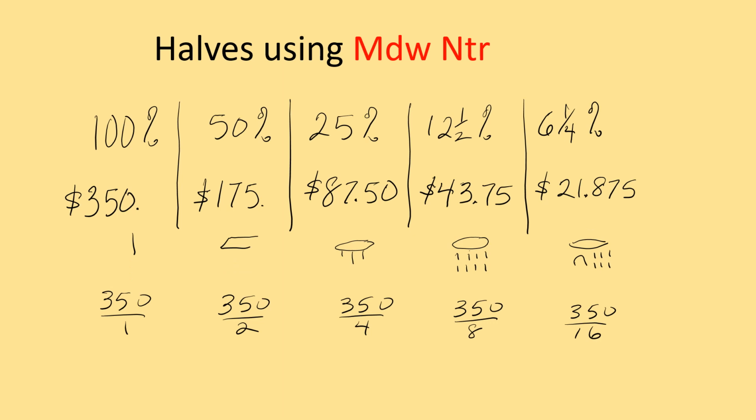So I can also represent this as the whole number being divided by one of the doubles, or in this case, 350 being divided by 1, which is 100%, 350 divided by 2, which is 50%, 350 divided by 4, which is 25%, 350 divided by 8, which is 12.5%, and 350 divided by 16, which is 6 and 1/4%.